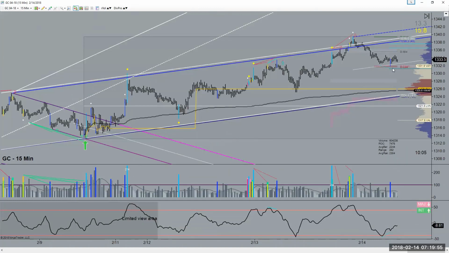It's the value area high from this low. So we've broken up above everything, pulled back to the value area high here. It's the day open as well. Yesterday's close, same thing.